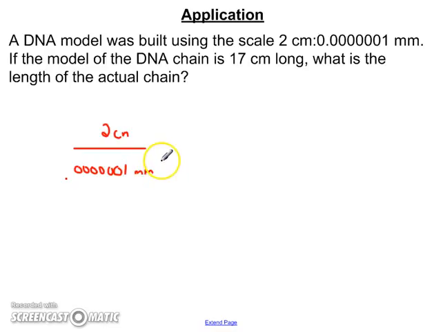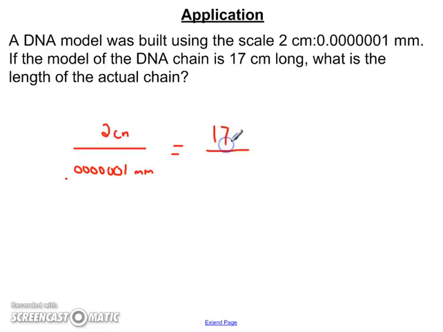So 1 ten-millionth of a millimeter. Okay. If the model of the DNA chain is, and in this particular case, our model is actually bigger than our DNA. Usually we're used to models being smaller, but if you really think about it, DNA is part of your genes, and to look at what DNA is, in this case the model is bigger. So 2 centimeters equals a DNA chain that is 17 centimeters long.